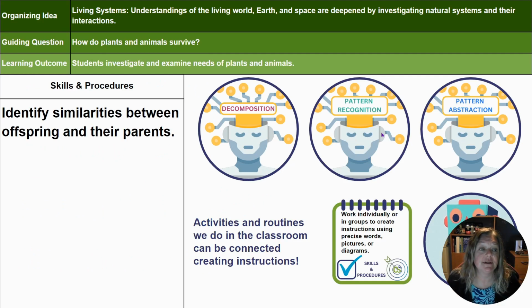We're asking students to compare things, like in this procedure where we're identifying similarities between offspring and their parents. Asking students to look at specific attributes of something is getting into the decomposition piece of computational thinking, and looking at ways that they are the same is going to be dabbling into that pattern recognition, and looking at ways that they're different can be recognizing patterns as well.